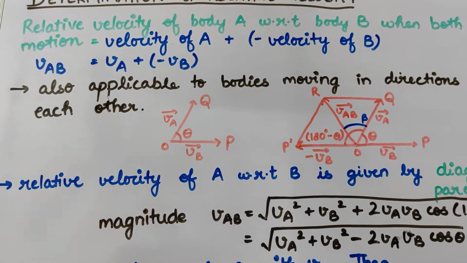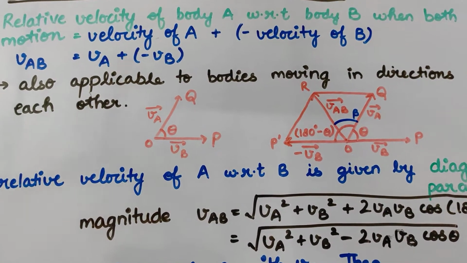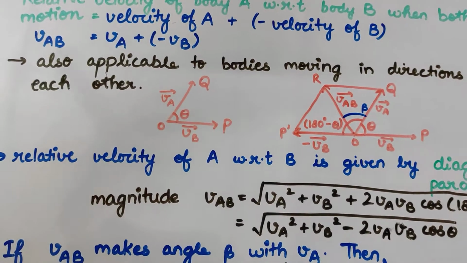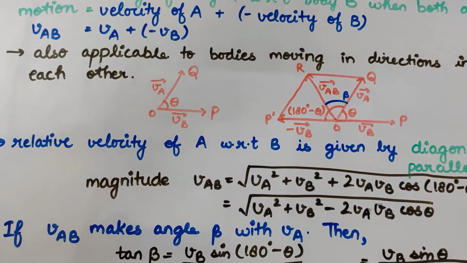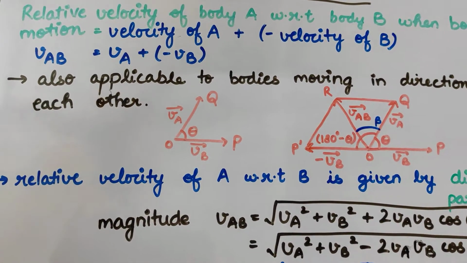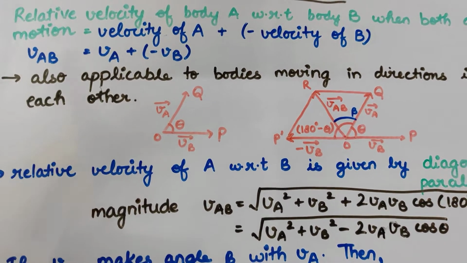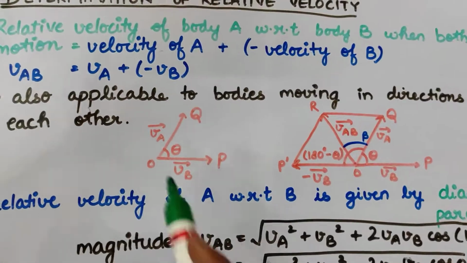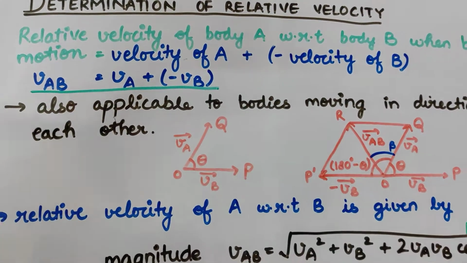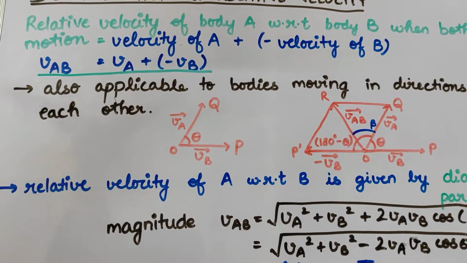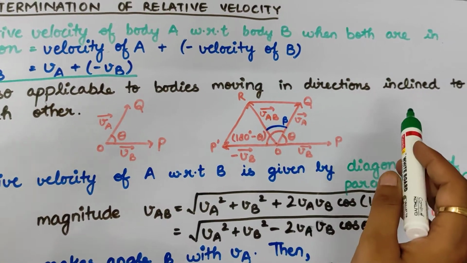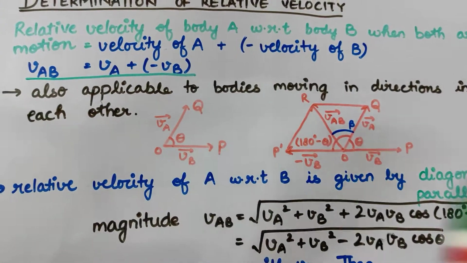Okay. Now by this we can say that relative velocity is equal to VA, the velocity of body A, plus the velocity of body B in opposite direction. Now this rule, VAB is equal to VA plus of minus VB, is also applicable to bodies moving in directions inclined to each other.